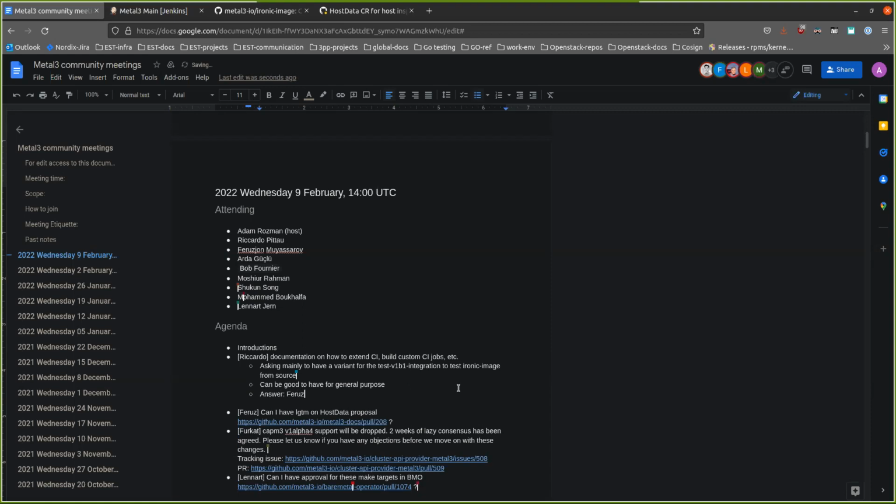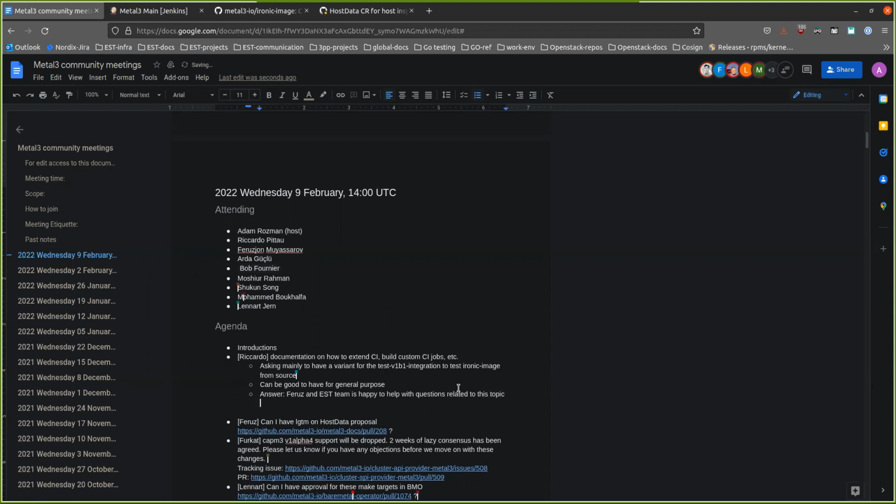Are you planning to have this sort of job that will be building the ironic image from source for every pull request? No, no. Our preferred way to build the ironic image and any other image related to that is using RPMs, because of different reasons, but that is a different topic.